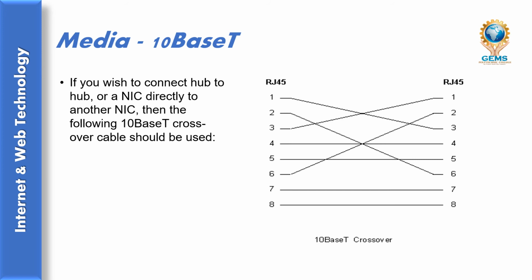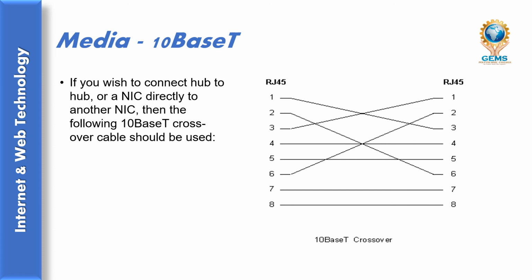So how do we connect 10BaseT? If you wish to connect hub to hub, or NIC directly to another NIC, then the following 10BaseT crossover cable should be used, with the RJ45 cable source side and the RJ45 cable other side. Pin 1 is connected to destination pin 3, and pin 3 is connected to pin 6 on the other side.